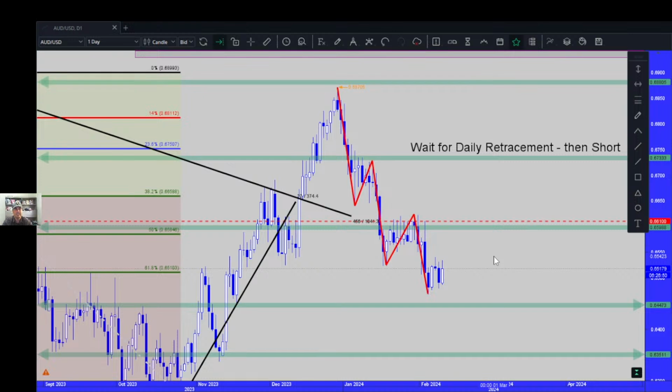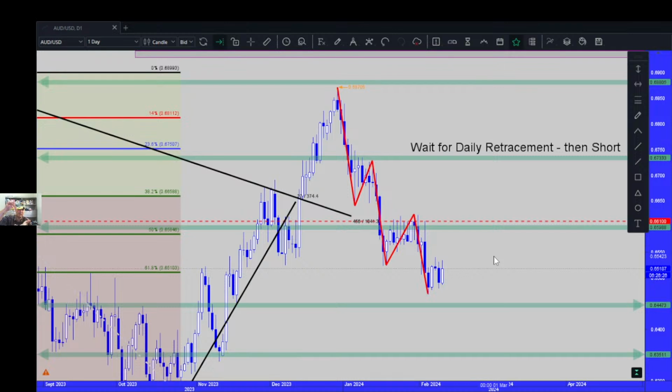What's an edge? An edge is a statistically proven fact that your strategy through time makes more money than it loses. It's a fact. And here we need to work on ourselves. We don't understand really what a fact is.